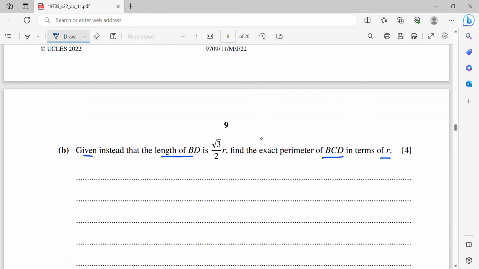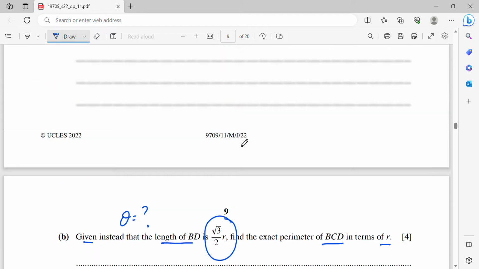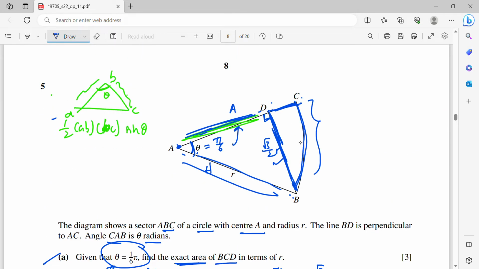Means that now you need to find what is your theta when the BD is root 3 over 2R. Okay, so the theta is no longer pi over 6. I need to find what is my theta actually with this BD.